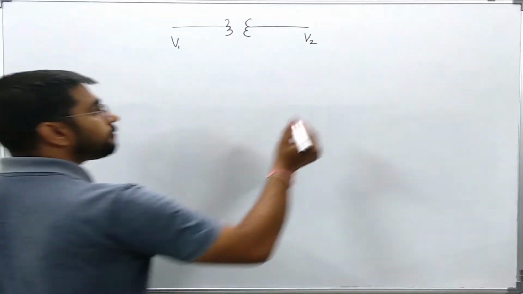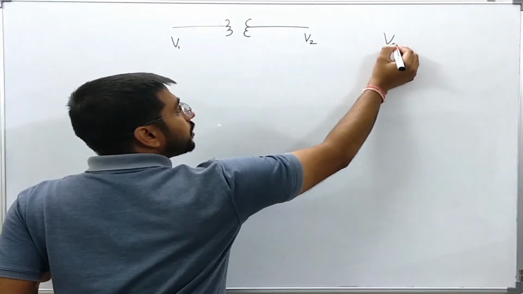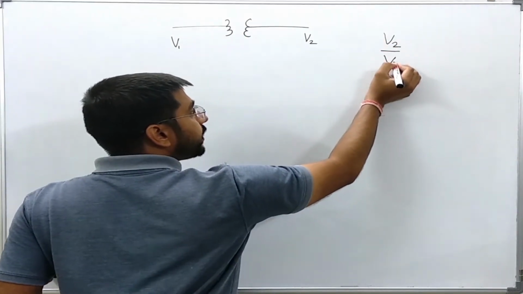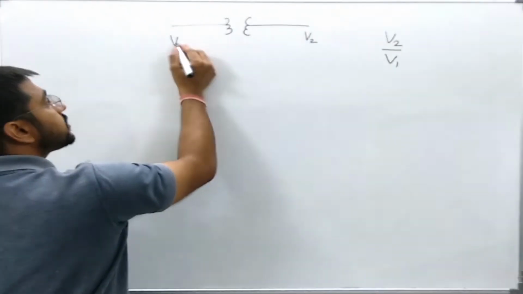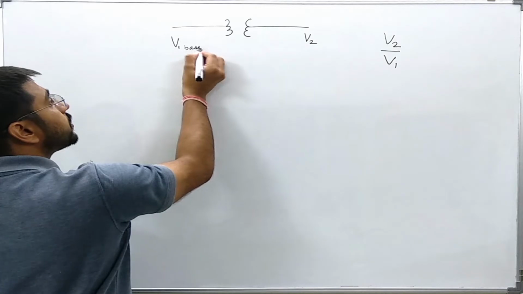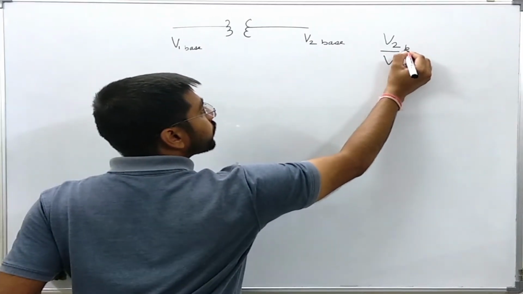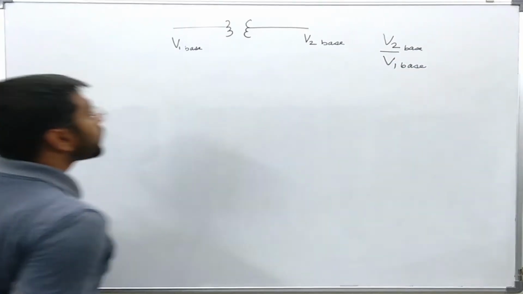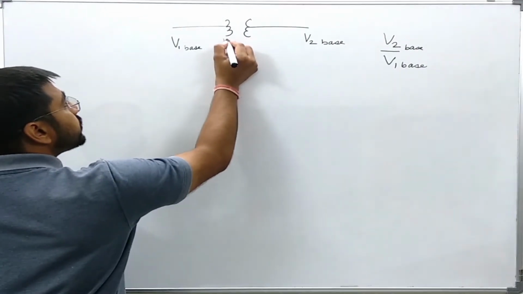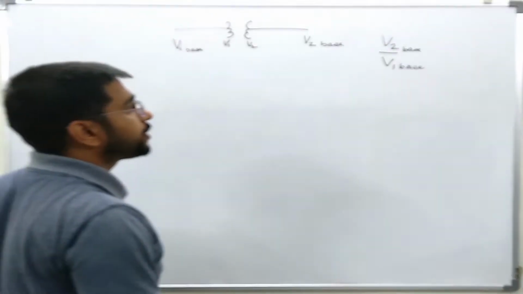Now if the transformation ratio is the same as the ratio of the voltage bases, I will take it as the base so that we do not get confused. And here it is V1 and V2 to show the transformation ratio.